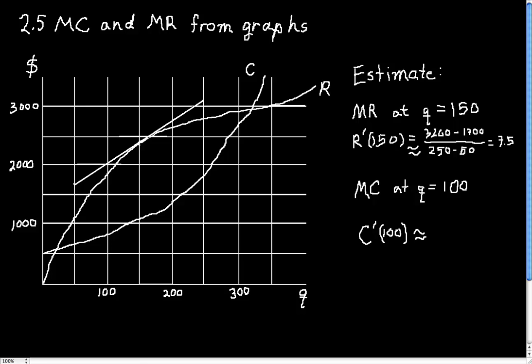So again, let's try and draw a line tangent to the cost curve at Q equals 100. So let's see, maybe I'll start right here and try to get tangent to this, and that looks pretty good.